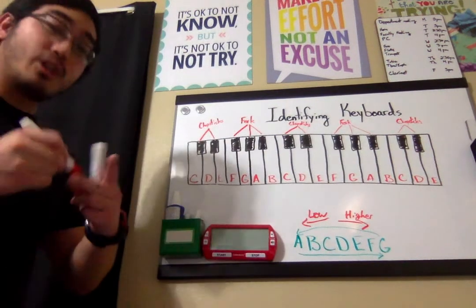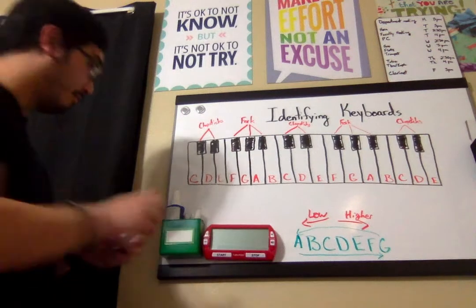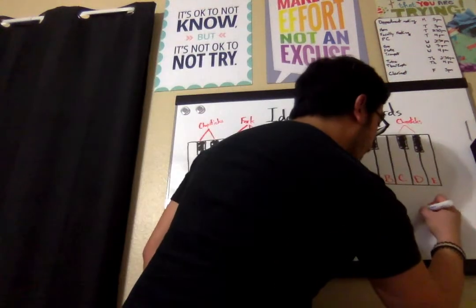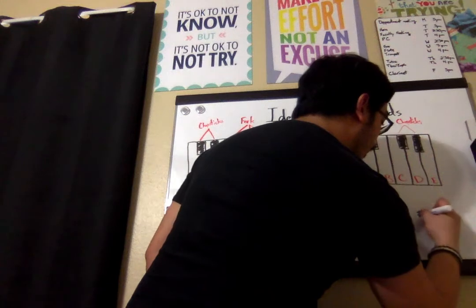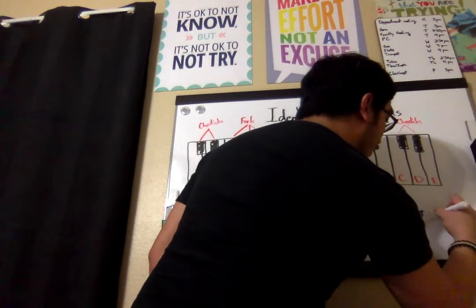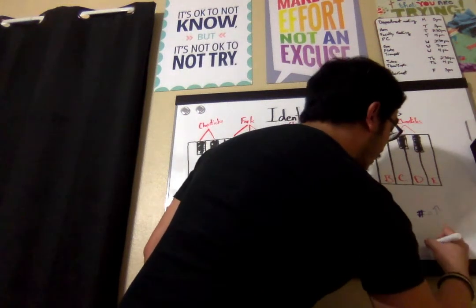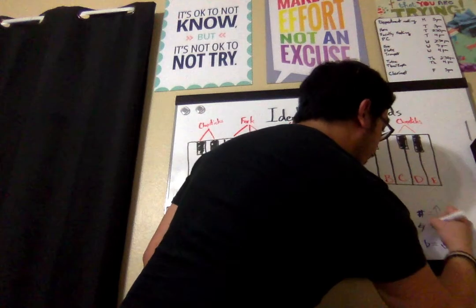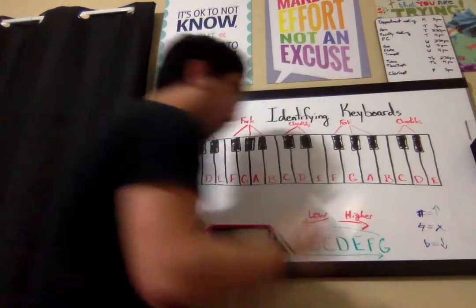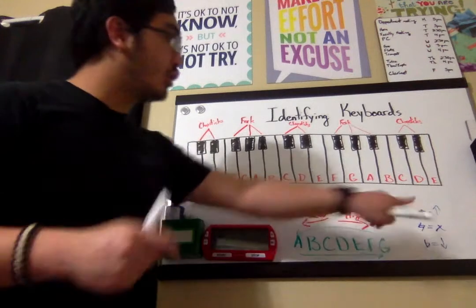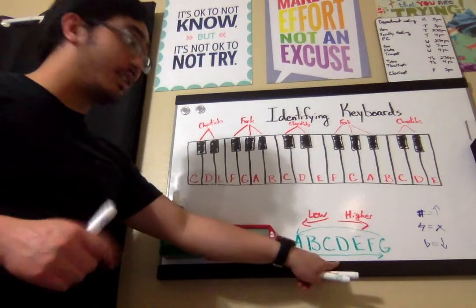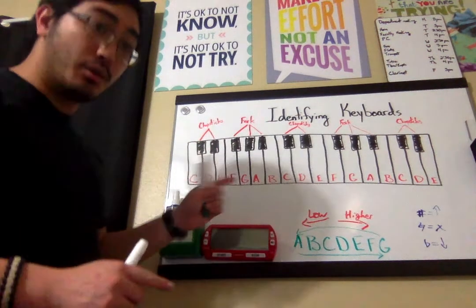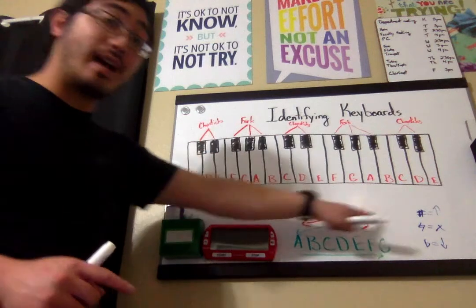So here's where our sharps and flats come into play. We'll use a different color. A sharp next to a letter takes it up a half step, one note to the right, because that's where our higher notes are.